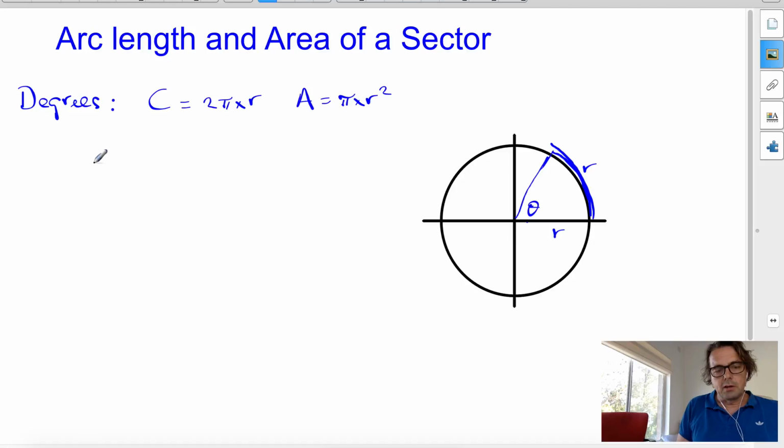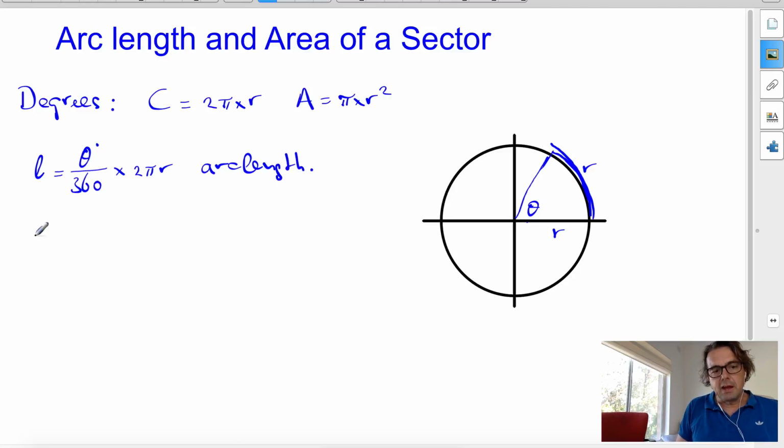And you can work it out like this. You take the angle theta, and it's in degrees, out of 360 degrees, because that's a full circle. And you multiply that by 2 pi r. So that's the arc length L in degrees.